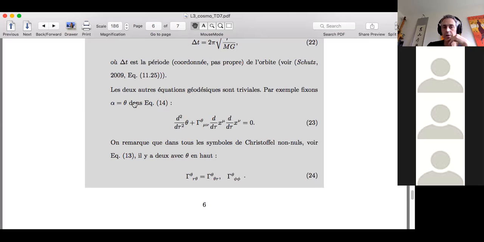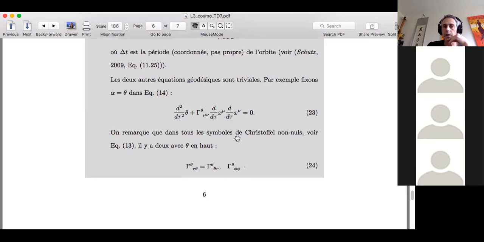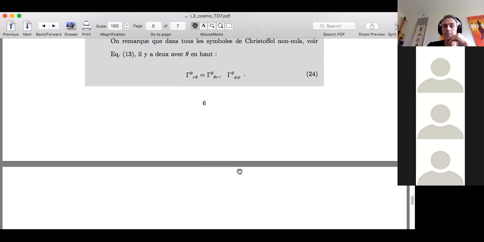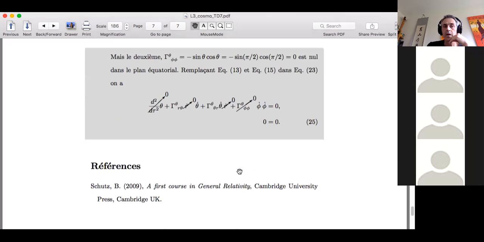So we have the two angular values, theta. So we have 3 Christoffel symbols.